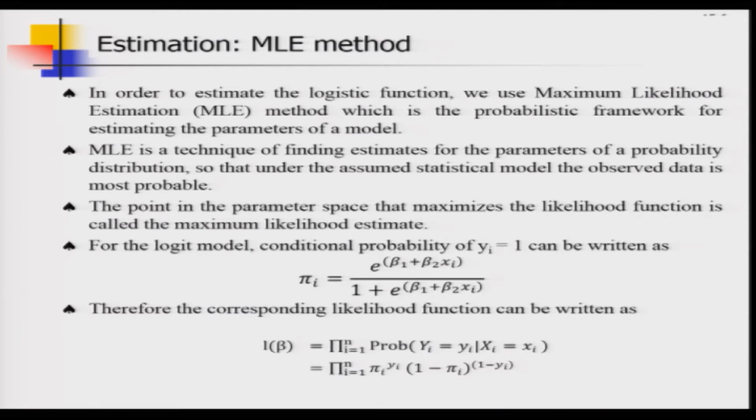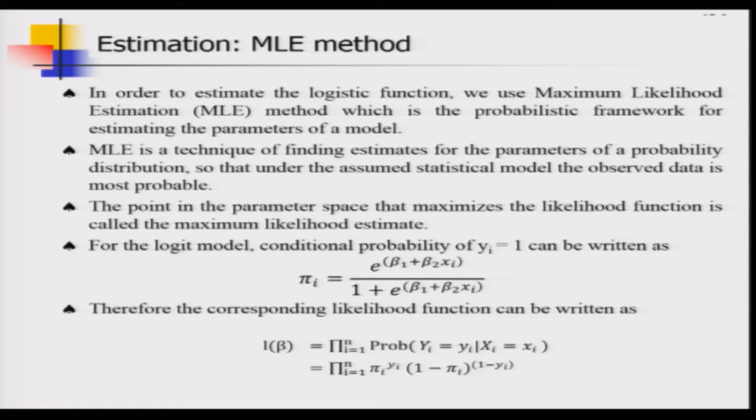So, for the logit model we write the conditional probability of yi equals 1. Why conditional probability? Because it is conditional upon the values of x's, the explanatory variables, and the conditional probability can be written as pi, and you see the expression is given.